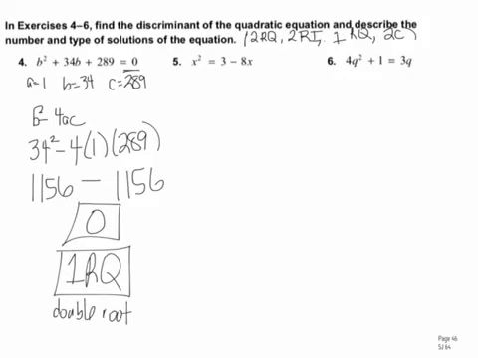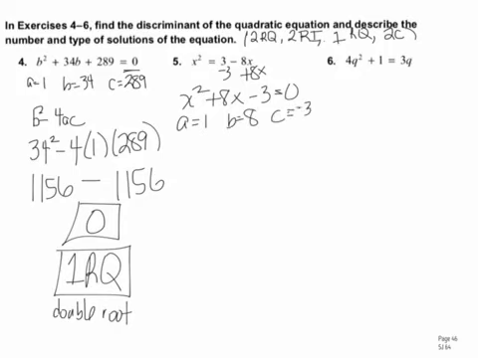Okay, for the next one, number 5, if you notice, it does not equal 0. I want us to get into the habit of always keeping our squared term positive, moving everything else to the squared term. So I am going to add 8x to the other side and subtract 3. So x squared plus 8x minus 3 equals 0. a is 1, b is 8, c is negative 3.